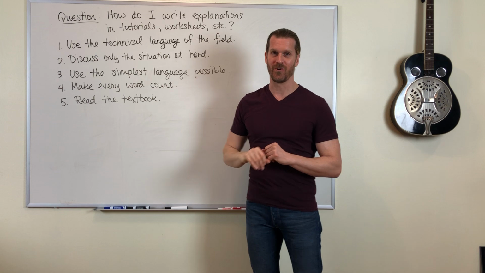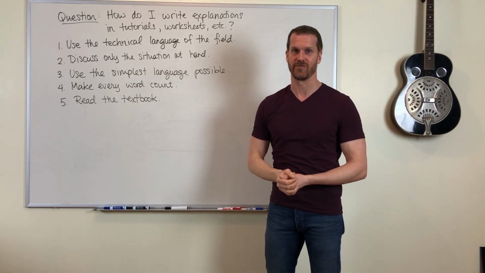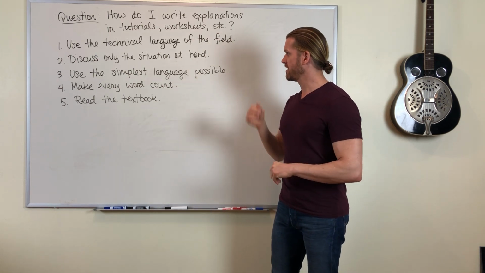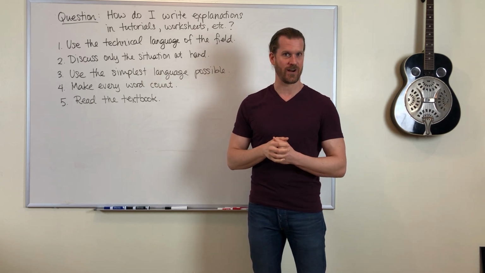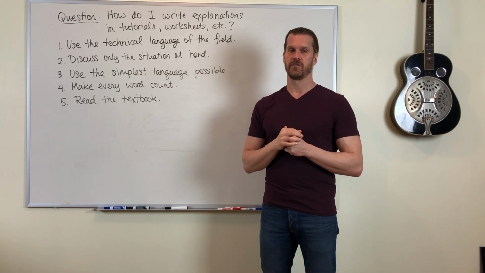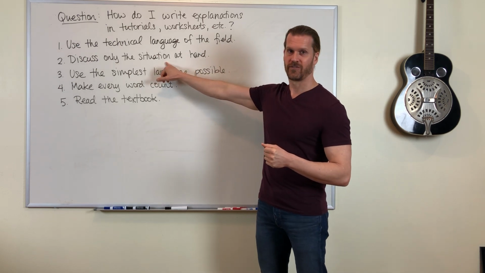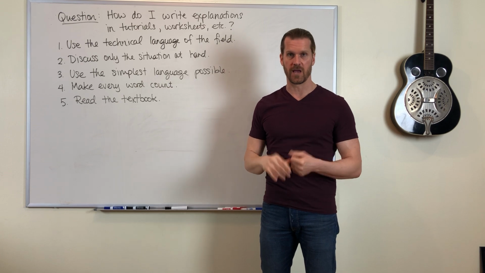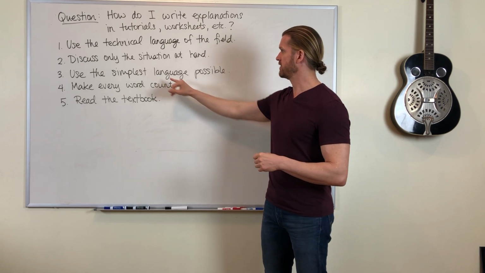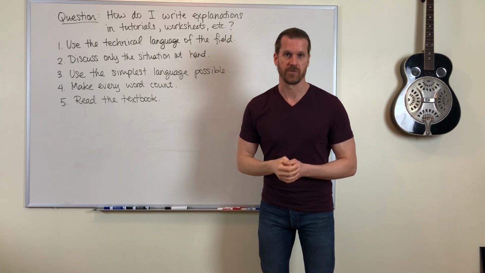So go back to point 1 and use this technical language that you've already learned. And don't try to be fancy, don't try to sound smart, just discuss the situation at hand, use the vocabulary you've learned, and write the simplest explanation you can.